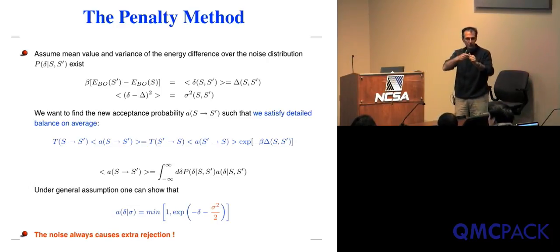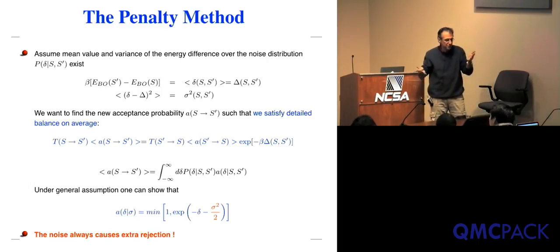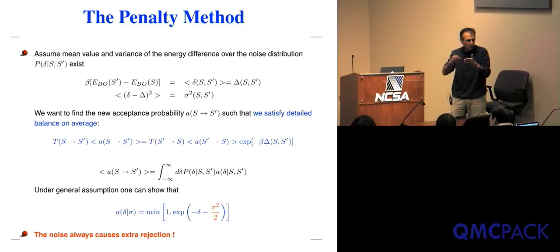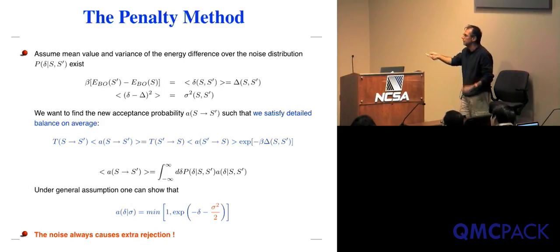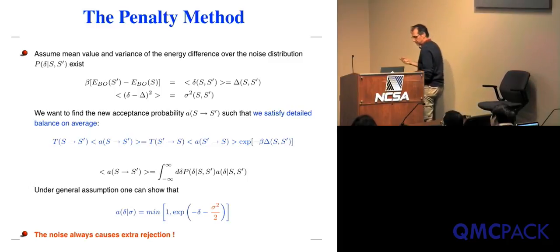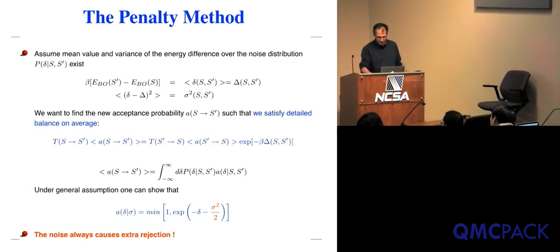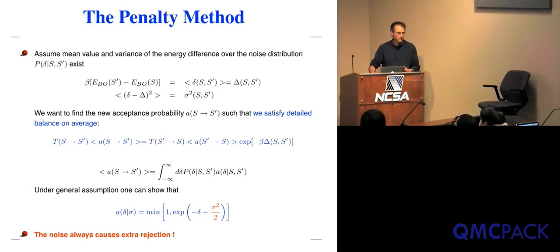You repeat this calculation 1,000 times. These are 1,000 different realizations of this calculation. You compute the average, you compute the noise, and then you accept or reject with this rule. This is the penalty method in short, let's say. And with this, you are guaranteed that you have unbiased sampling of your Boltzmann distribution with the Born-Oppenheimer energy.